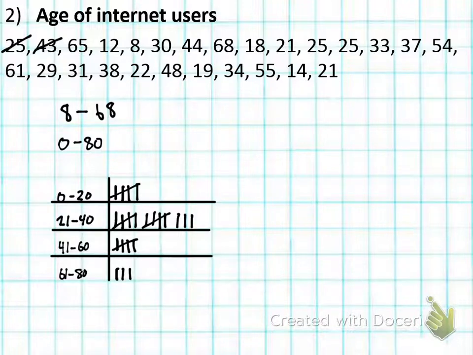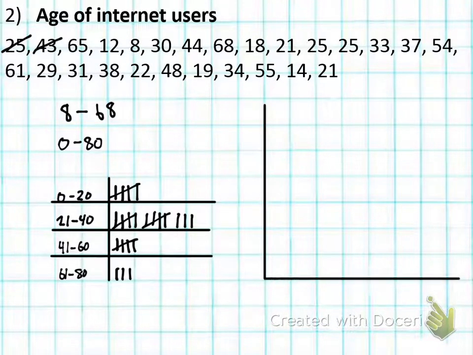Next step, read step 3. Step 3 we just made, we made a frequency chart. So step 4, let's all read step 4 together. Make a what? Okay, we have to make a histogram. So now we're going to make an X and a Y axis. Okay, and we're going to put our intervals at the bottom.